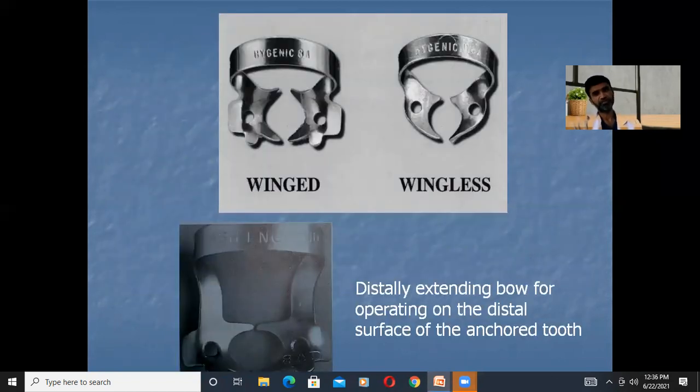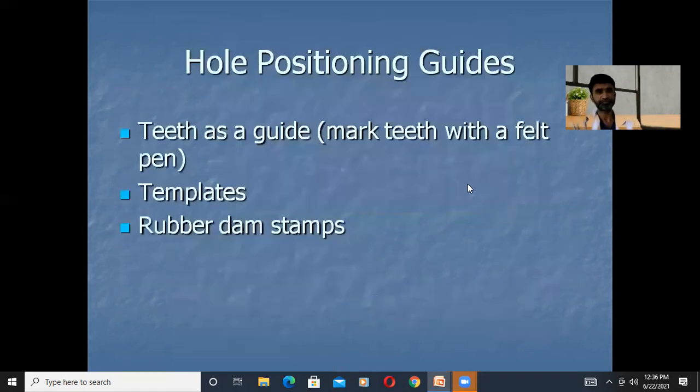We have talked about winged and wingless. This is the wing, and this is the wingless clamp, available for appropriate isolation. The distally extending bow should be placed on the distal surface of the anchor tooth, otherwise it will interrupt while you are working on the tooth.